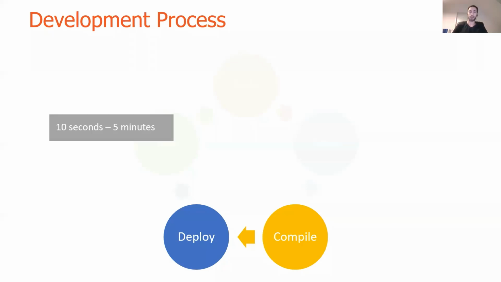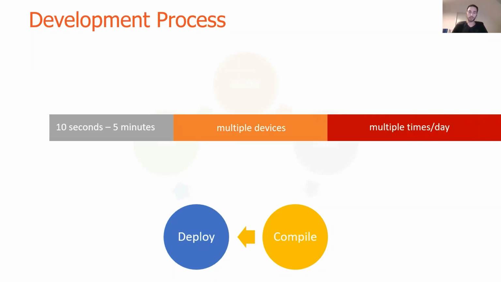And you probably won't only test on one device, but maybe on 2 different devices, for example a smartphone plus a tablet, or Android and iOS, so this gets multiplied quite easily. And you don't just test it once a day, but maybe even 100 or 200 times a day. So there's a lot of time that you're waiting until the application deploys, and you're losing focus from coding itself.